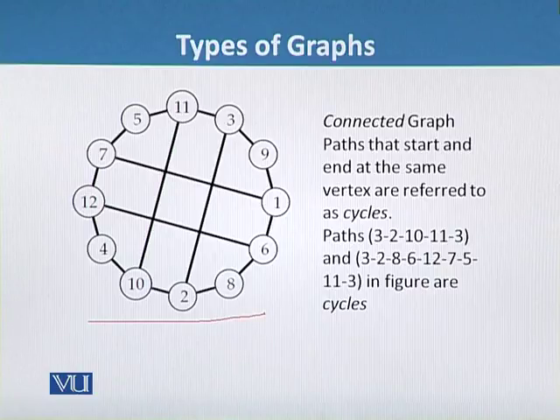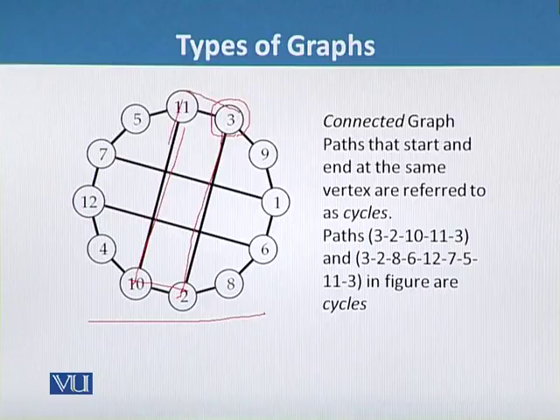So the first path, we start from the vertex 3, and then we move to the vertex 2, then 10, then 11, and then again we end up at the vertex 3 from where we started.